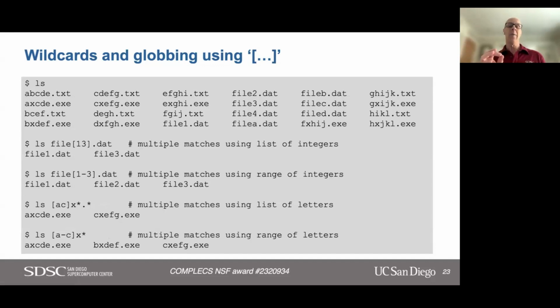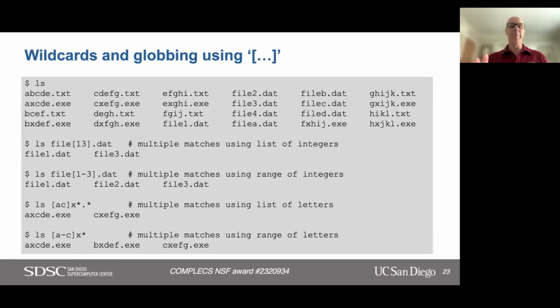Finally, we can do wildcards and globbing using square braces. So here we start off by listing the files. We do an ls file, and then in square braces, 1,3.dat. So this is going to list any files of the format file, followed by the number 1 or the number 3, .dat.